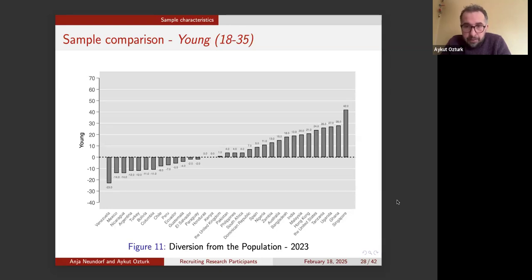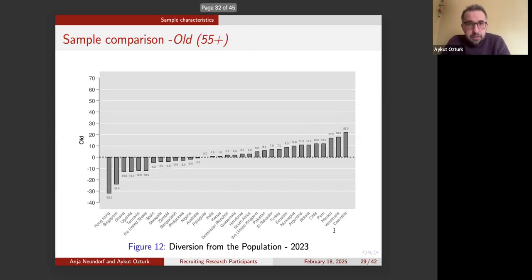You can see a huge bias towards younger people in some of these countries, like Uganda and Ghana. On the other hand, in Latin American countries, we were usually less successful in recruiting younger people, so our population was more biased towards older people.